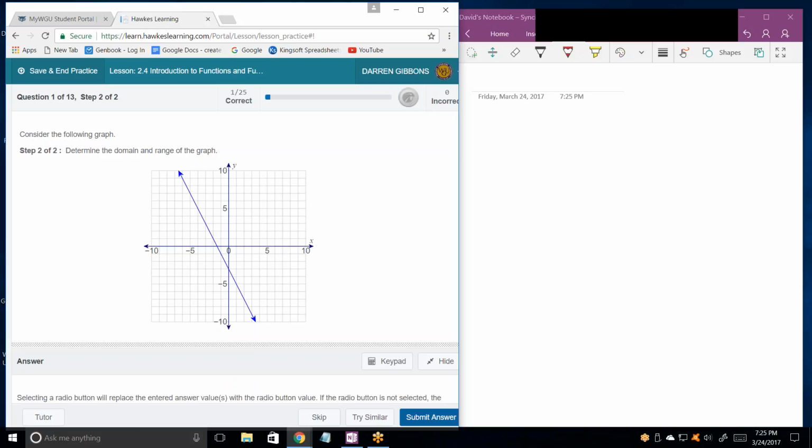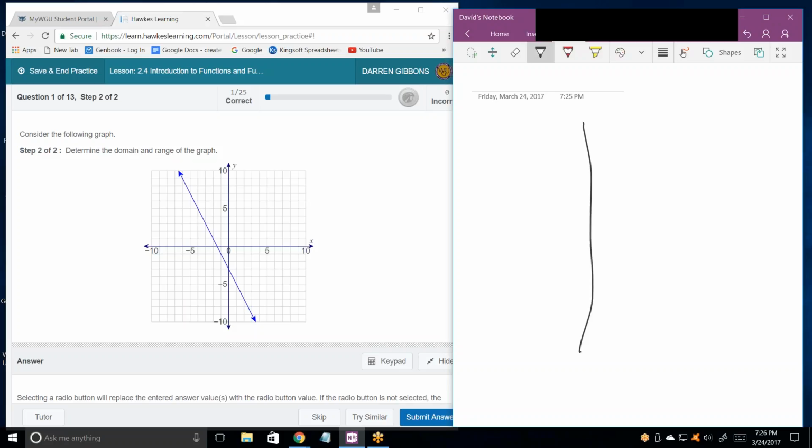All right. Determine the domain and range of the graph. First of all, domain means all of the allowable x's that you might plug into this function. Range means all of the possible y's that might come out of this function.